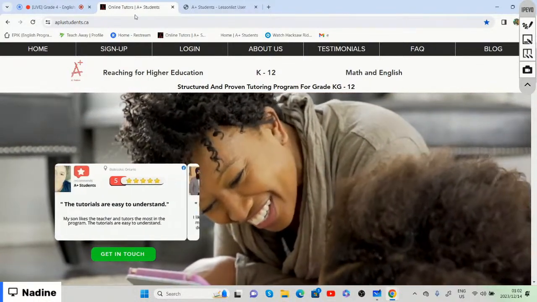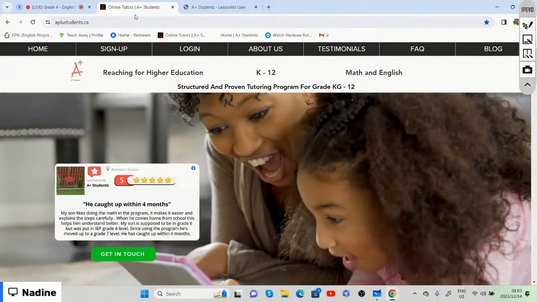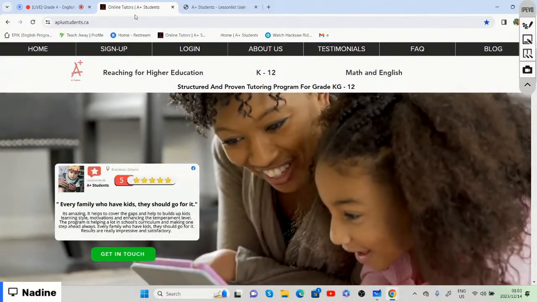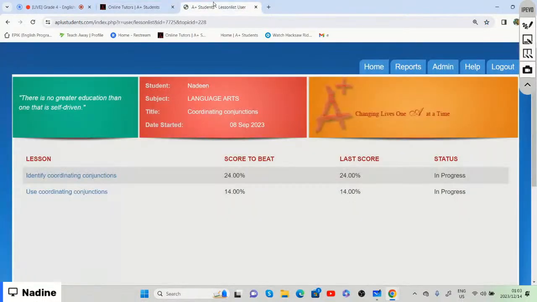Once we've selected that, we're going to scroll down until we get to our chapter of coordinating conjunctions.